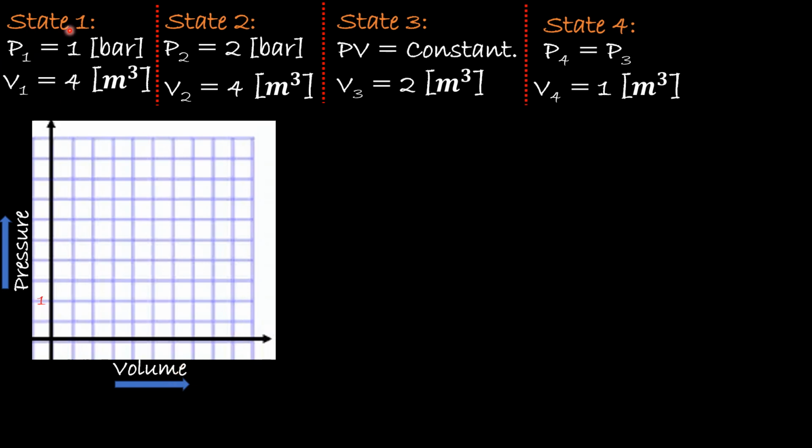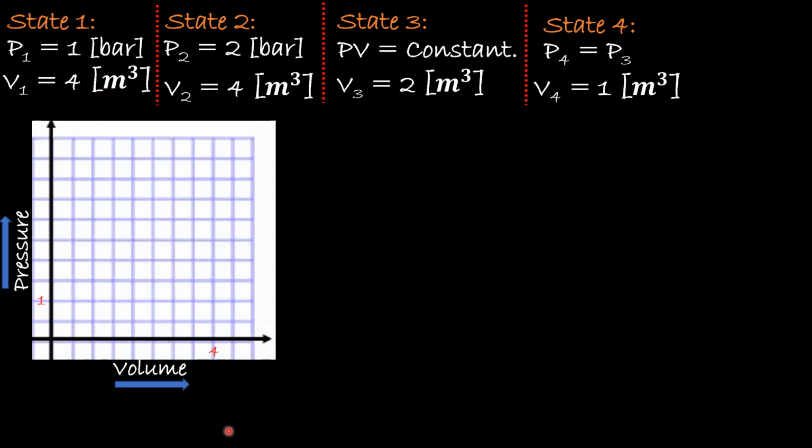At state 1, the pressure is 1 bar, and that's what we have in here. In this case, I increased from 0 in increments of 0.5 bar: 0.5, 1, 1.5, 2, 2.5, etc. And the same thing for volume: 0.5, 1, 1.5, 2, etc.